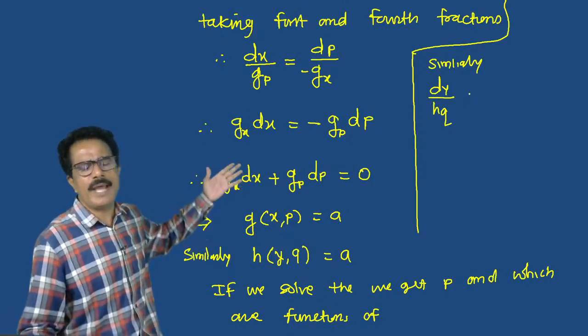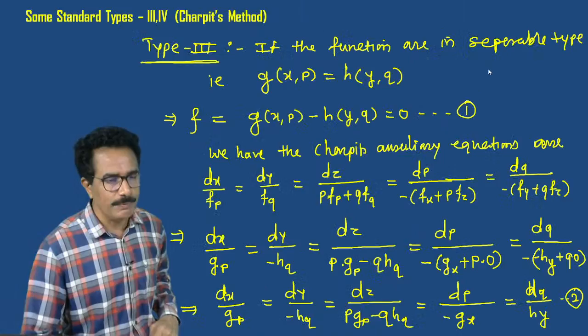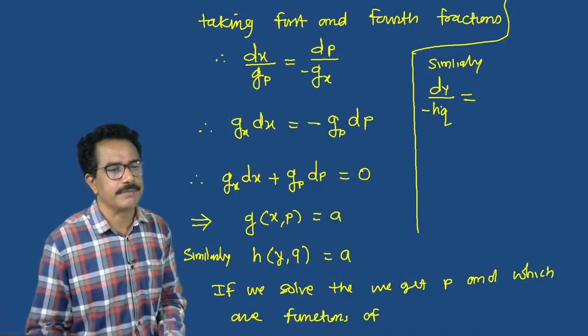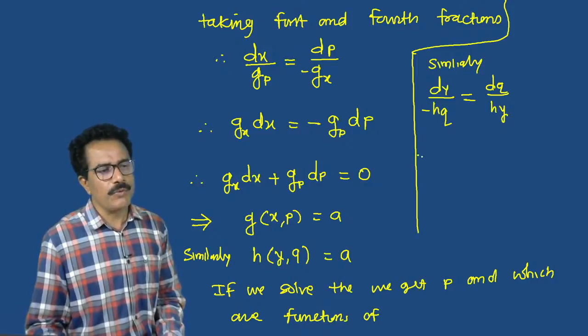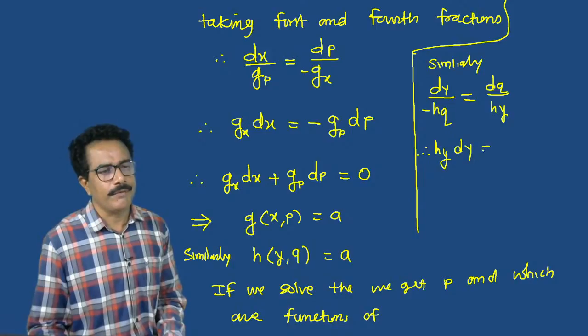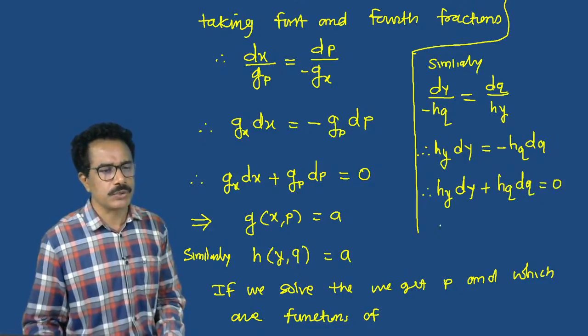I am going to explain this concept in detail. dy upon hq is equals to dq divided by hy, this is a minus. Okay, so we can write hy dy which is equals to minus hq dq. So it will be hy dy plus hq dq which is equals to 0.